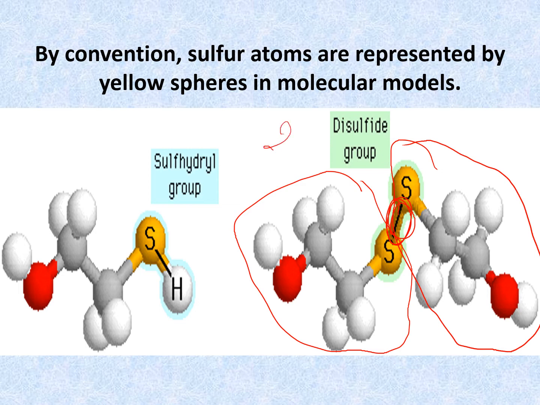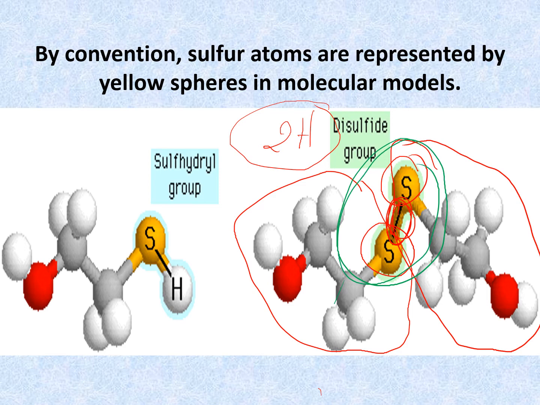The two hydrogen atoms will be released during the reaction, and a bond will be formed between two sulfur atoms of the two cysteines, forming now this one new functional group, which is the disulfide group.